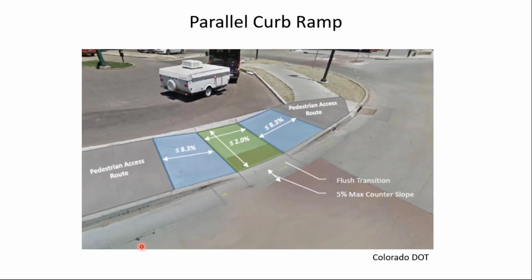Oh, good question. Let's see, I'm trying to visualize here. Typically, they are at back of curb, but I guess it could be offset, as long as you complied with all the requirements. You'd want to put the detectable warning surface, though, at the back of curb. And I'd want to pay particular attention to drainage.